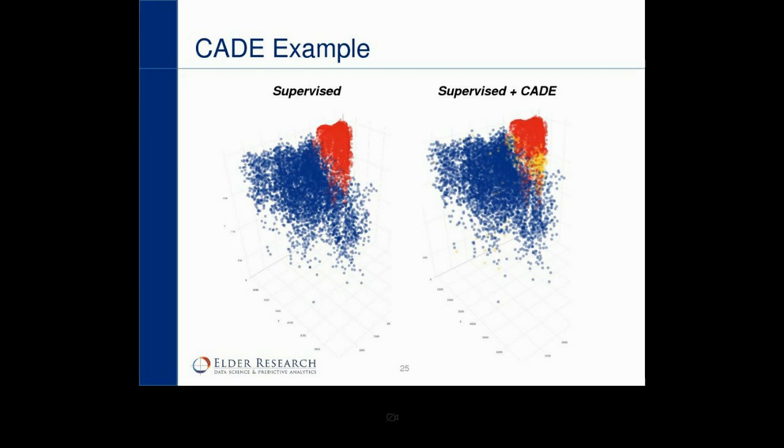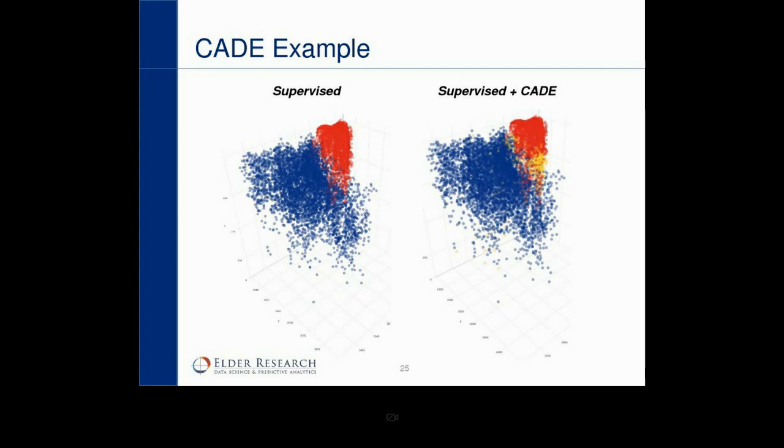The blue were good and the red were bad, and it was almost a perfect model, which isn't always the case, but sometimes you really do quite well. And so it could easily distinguish, and as it turned out with these 3 variables, it could easily distinguish between the bads and the goods. That's your simple, straightforward, supervised model.